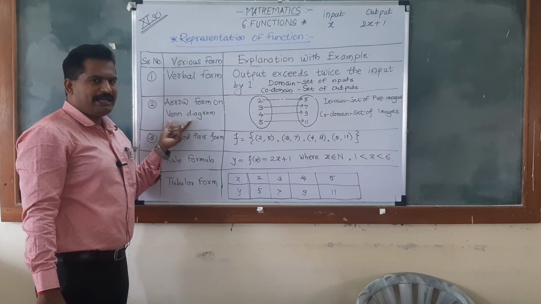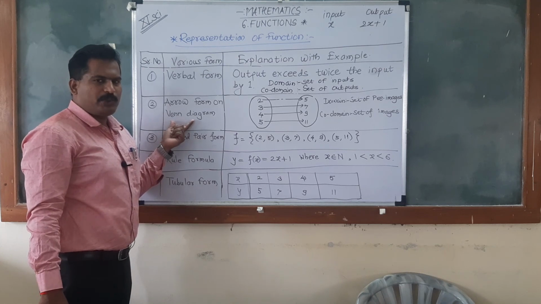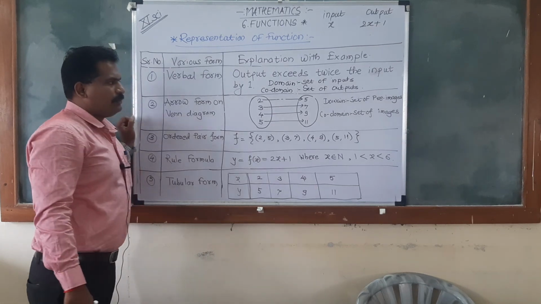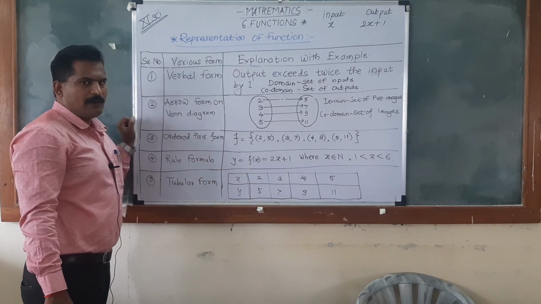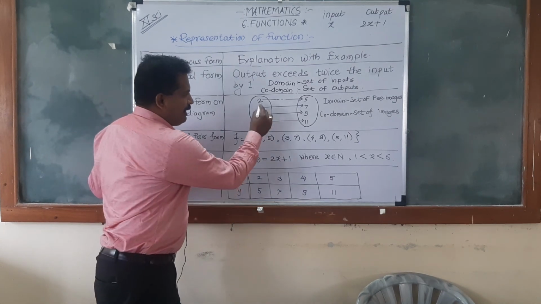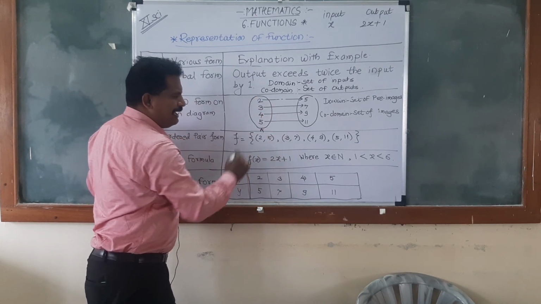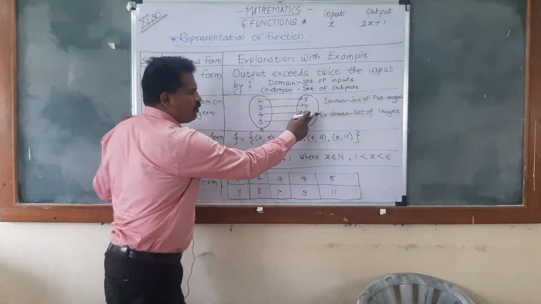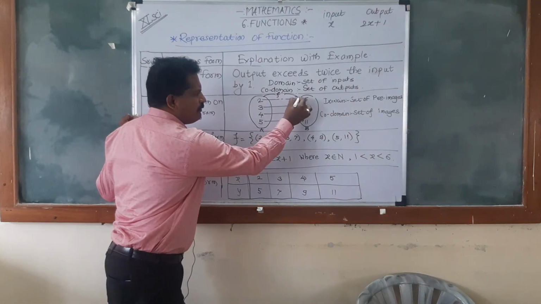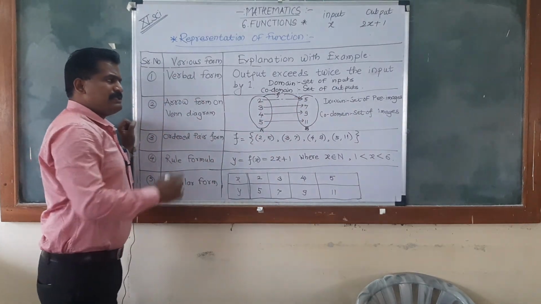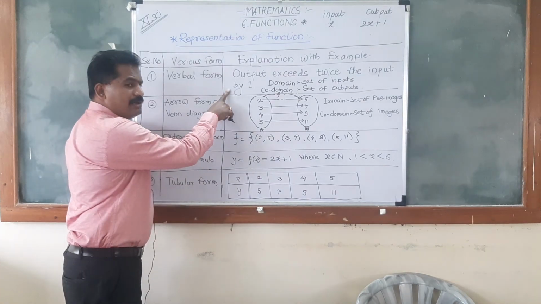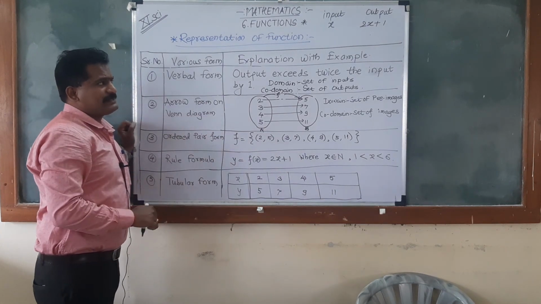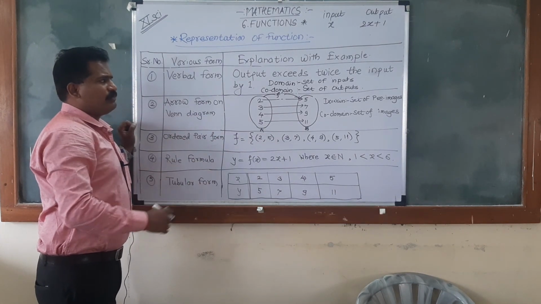It is a domain A, it is a codomain B, and the mapping from domain to codomain by function f, with the same example as in the verbal form: x and 2x plus 1, output exceeds twice the input by 1.